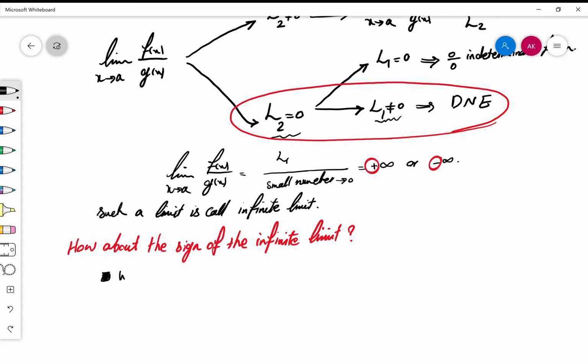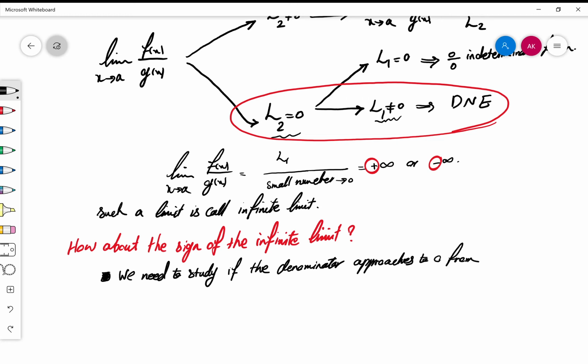So we need to study if the denominator approaches 0 from positive numbers, from the right.